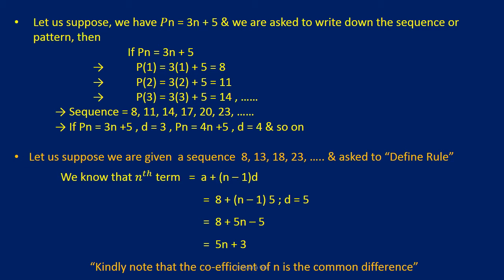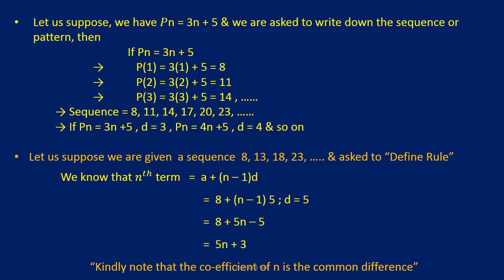We know that the nth term is equal to a plus n minus 1 into d, where a is the first term in a sequence and d is the common difference. Now, the first term of the sequence here is 8 and the common difference is 5. Putting these values in the equation, we get nth term equal to 5n plus 3.